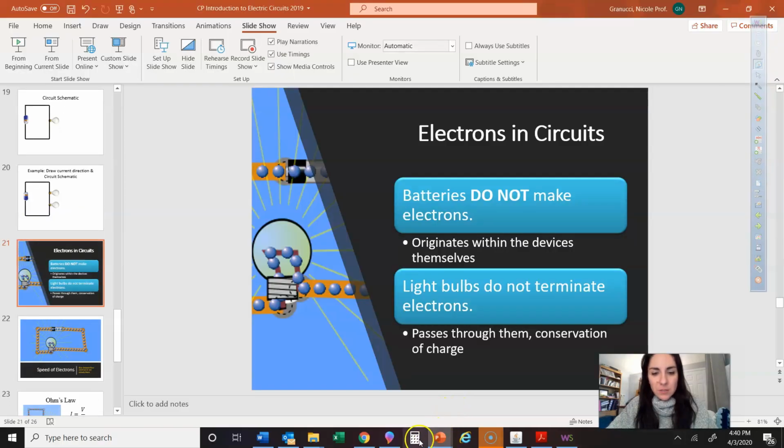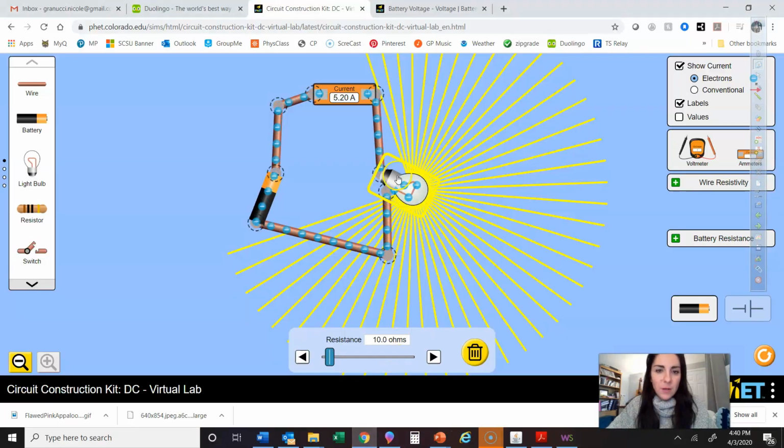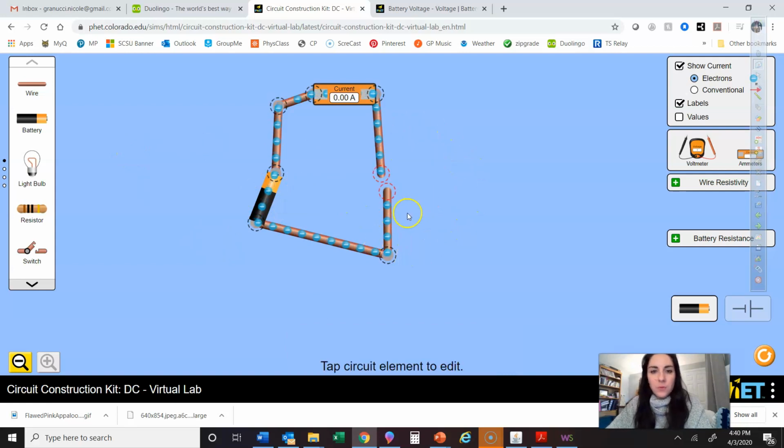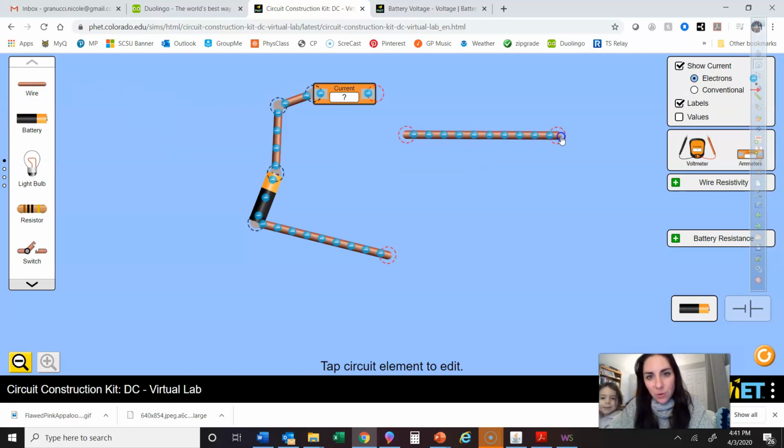So coming back to my circuit here, I don't know if you noticed before. Let's make this a lot smaller so it's a little less crazy here. But I hope you noticed that when I was taking out this bulb, the electrons in here are actually already there, as you can see.